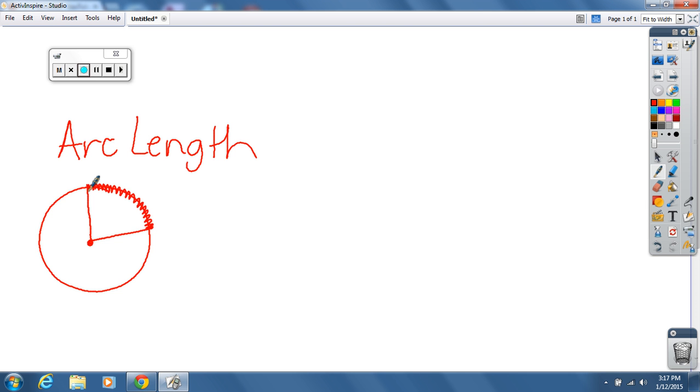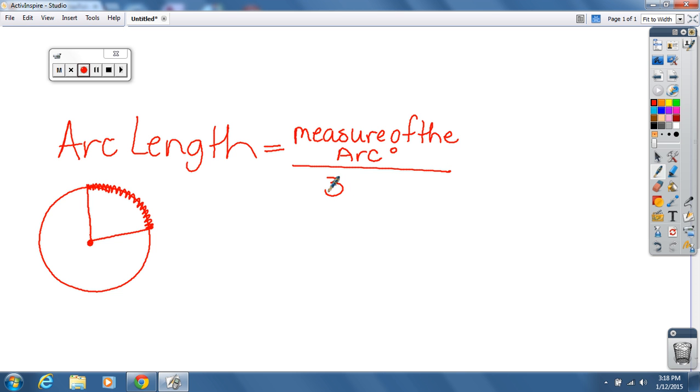So my formula is the arc length is equal to the measure of the arc, which is always a degree, over 360. It's the piece of the circle that you're actually looking for, times circumference. So arc length has everything to do with circumference.